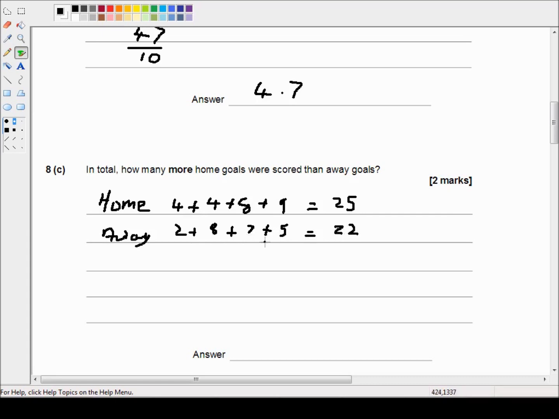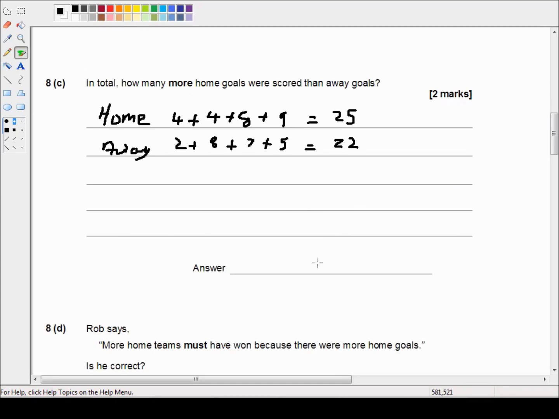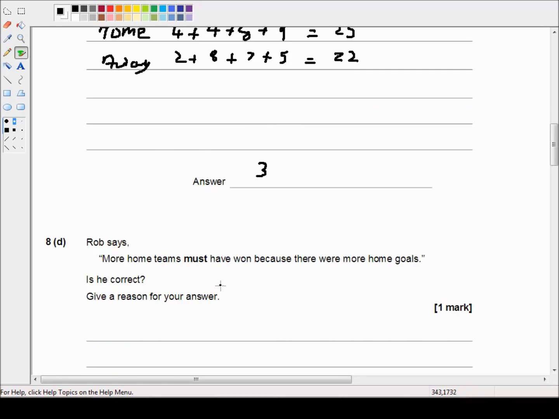You can use a calculator, of course. 25 minus 22 is 3. So there were 3 more home goals than away goals.